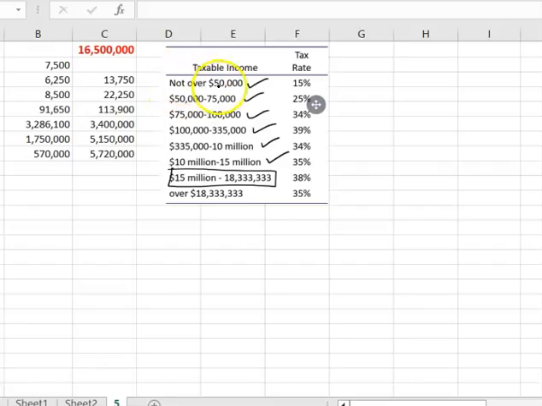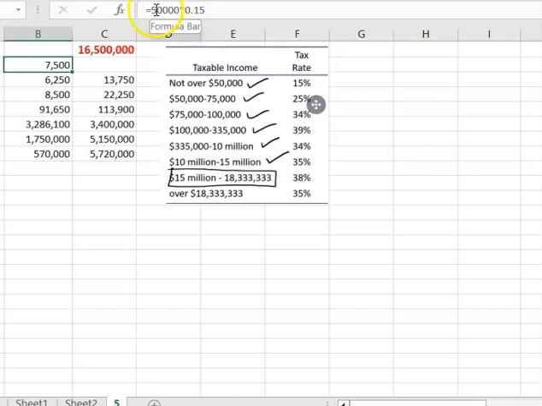So the company had to pay the maximum amount of tax in each of these brackets. So these are the calculations.